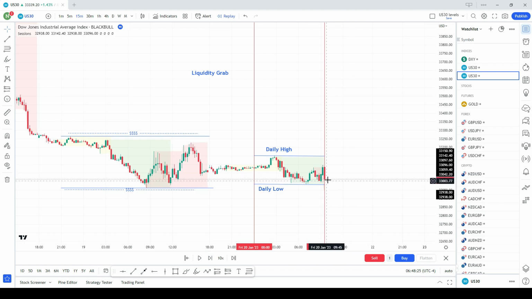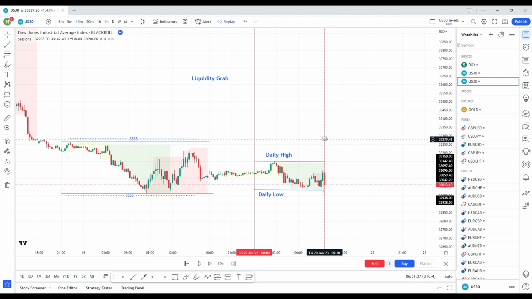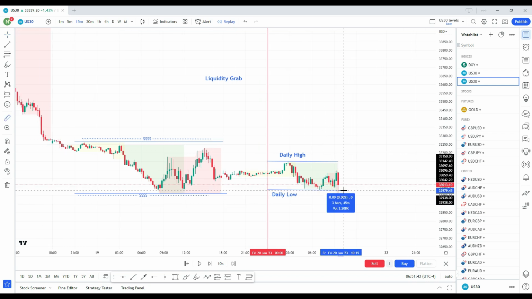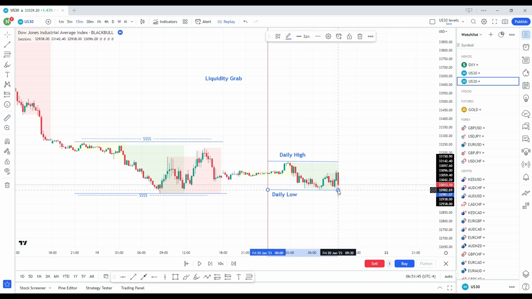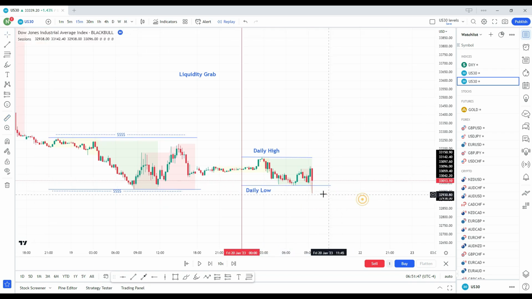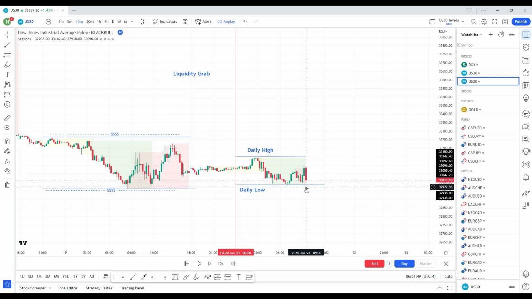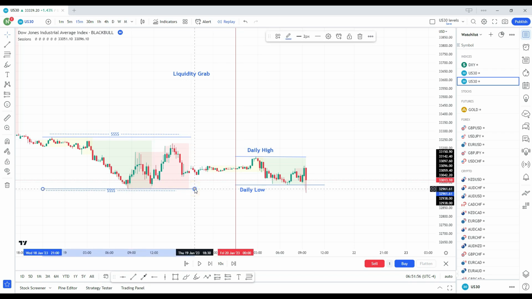Look at the 9:30 open. This is the 9:30 candle up. Now let's remove this line and see if there was any liquidity taken. As you can see, there was a long wick candle that manipulated this zone, and by extension yesterday's maximum low was also manipulated.